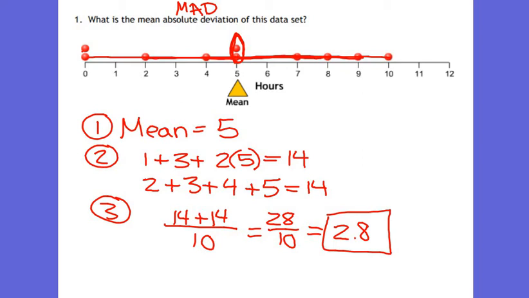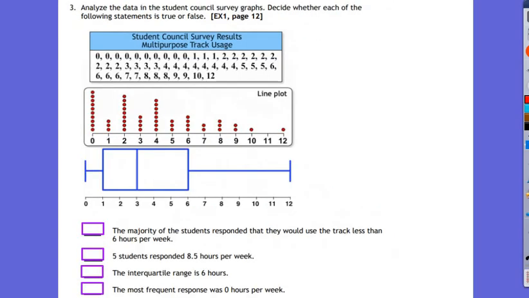Now I want to look at number 3. So number 3, we take our test on computers, correct? I've been making you draw a box and whiskers, create line plots, create frequency tables.